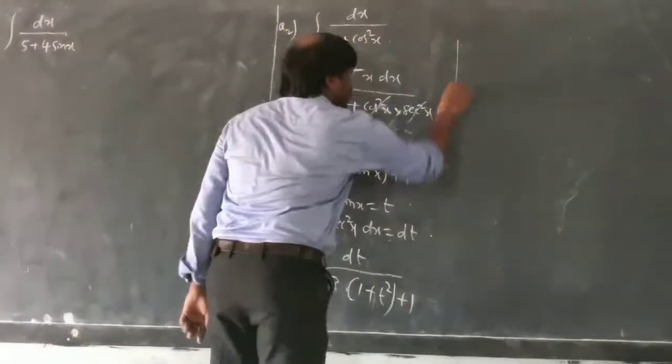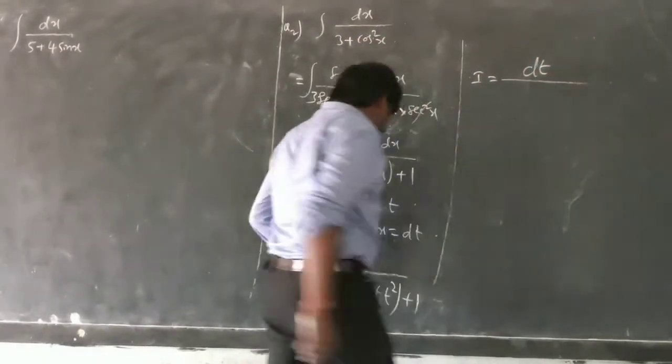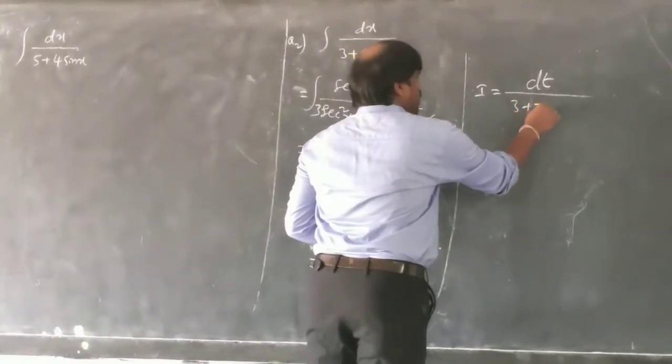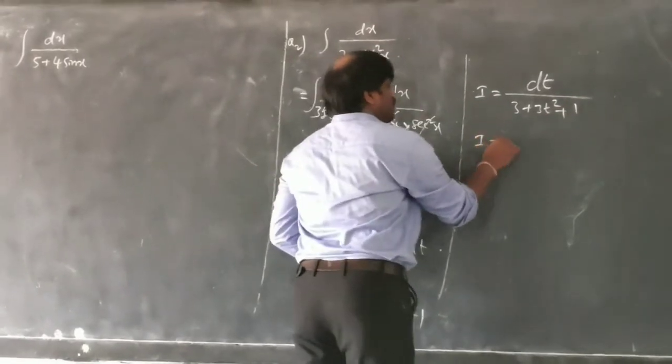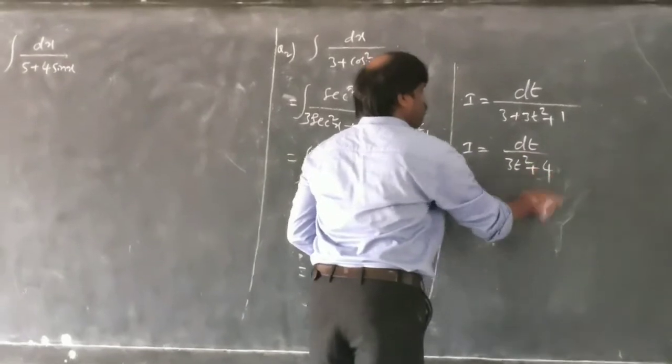Now what I am going to get, I is equal to dt upon, now let us see here, 3 ones are 3 plus 3t square plus 1, correct? So I get I is equal to dt upon 3t square plus 4.